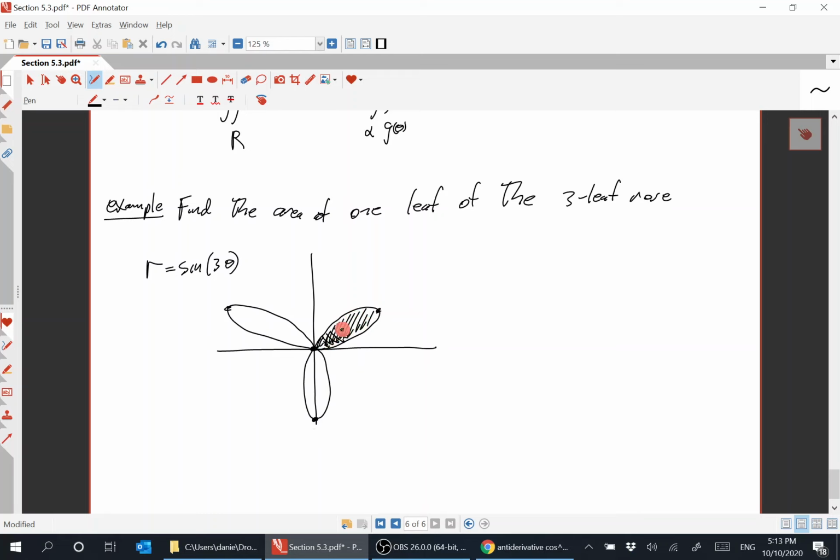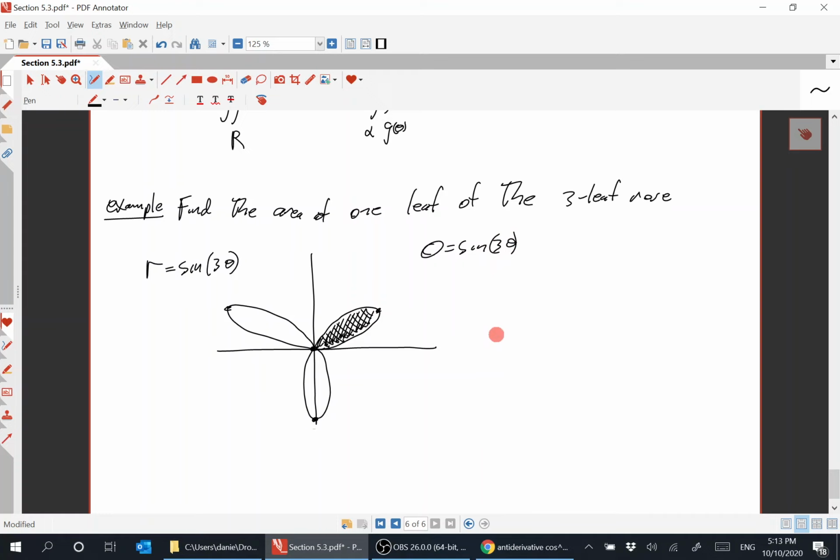And when is that leaf happening? It happens when r goes from 0 up to this max here, back down to 0. So for what values of theta does r go from 0 to 1 to 0 just one time? So 0 equals sine 3 theta.